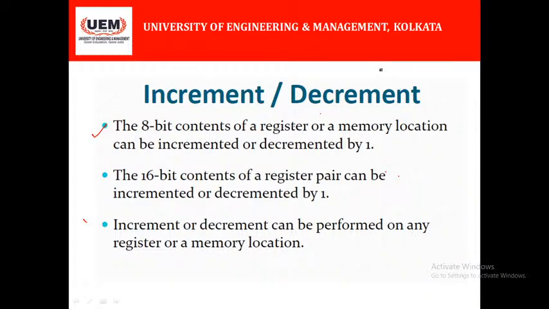For example, INR A: the value of the accumulator register is incremented by 1, and the result is stored in the accumulator register. Next, INR M: the value of the memory location M is incremented by 1, and the result is stored in the M location.